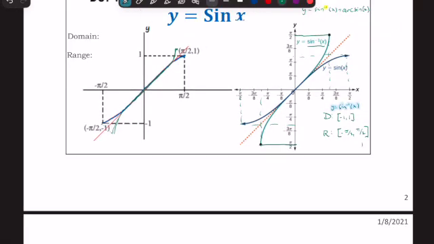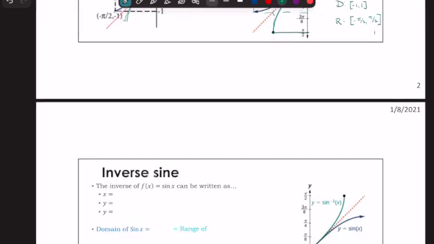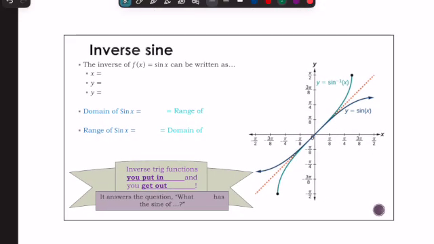The domain of the inverse is the range of the original, and the range of the inverse is the domain of the original. I think I just said the same thing backwards. All right, so let's talk about inverse sine.